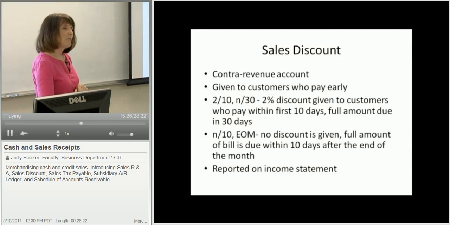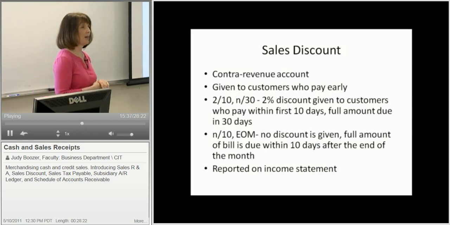Now, remember those credit terms on that invoice? Let's look at an example here. If the terms given for a credit purchase are 2/10, n/30, what does that mean? Good.